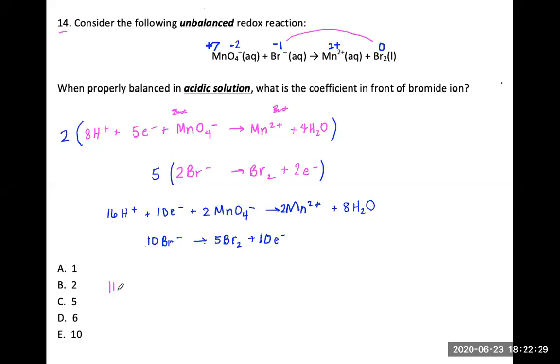So writing this out, we'll have 16H plus.